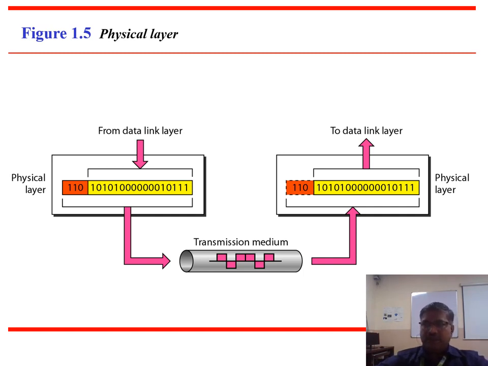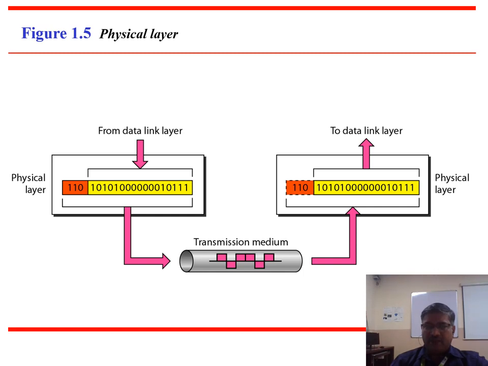The main functionality of the physical layer is to send and receive bits to and from the physical carrier, that is, the wire. This layer also defines things like pinouts, electrical characteristics, and modulation and encoding of data bits on the carrier signal. In this diagram, you can see the zeros and ones, that is, bits.